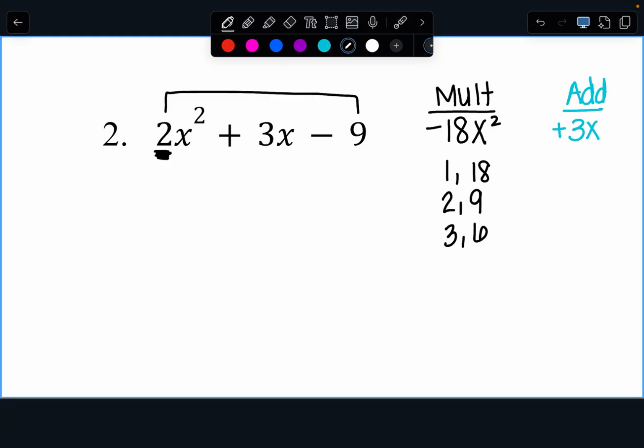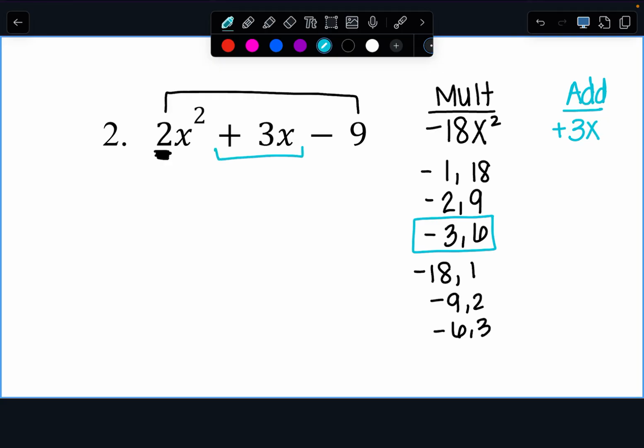But because it's a negative, one has to be negative, which means we also need negative 18 and 1, negative 9 and 2, negative 6 and 3. Which pair adds to get 3? Six and negative 3. Good. So we're using that to replace that 3x.